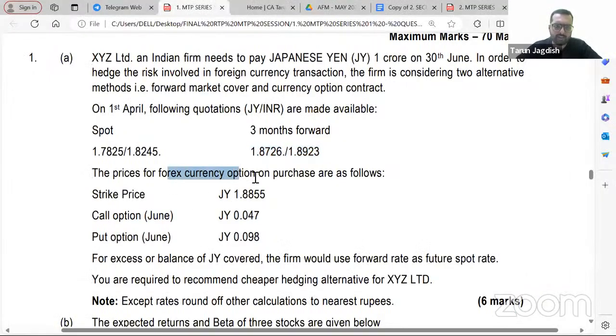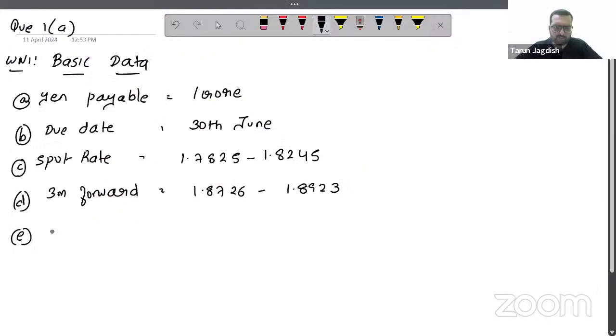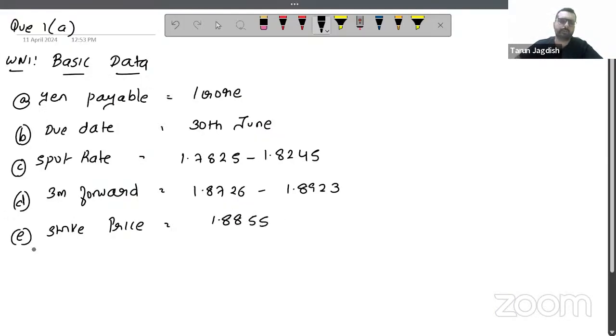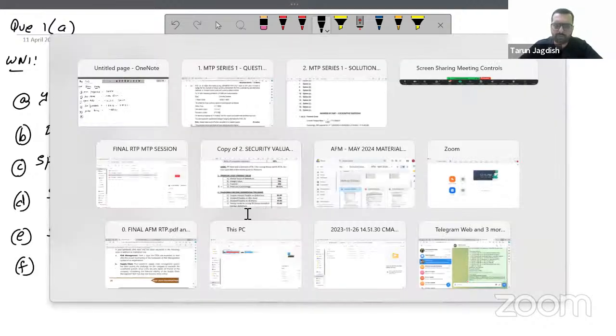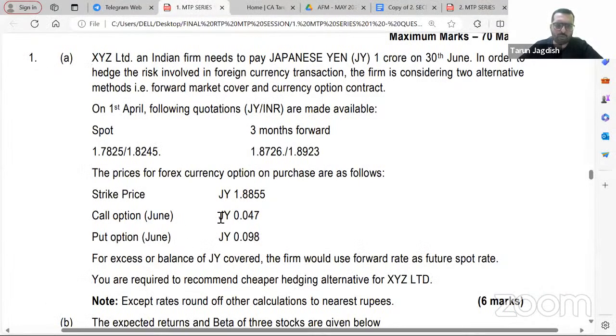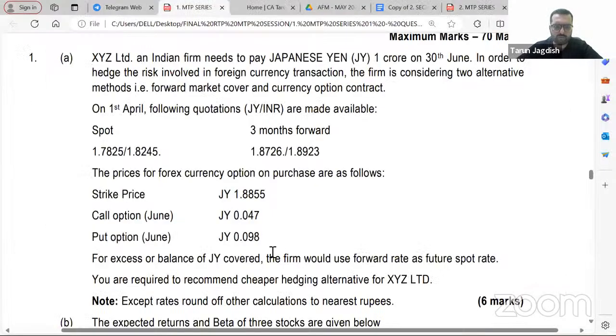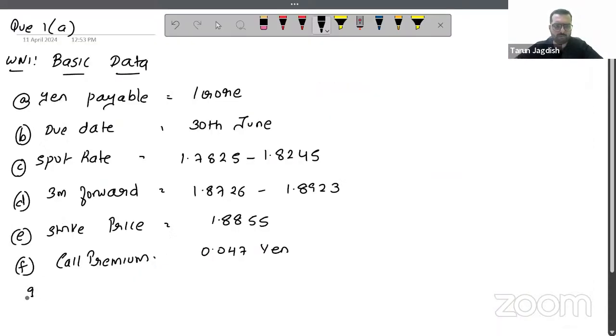8923. The prices for Forex currency options on purchase are as follows. Strike price or the exercise price is given over here, 1.8855. Then they have given the call option. So it's a call premium 0.047 yen and put premium.